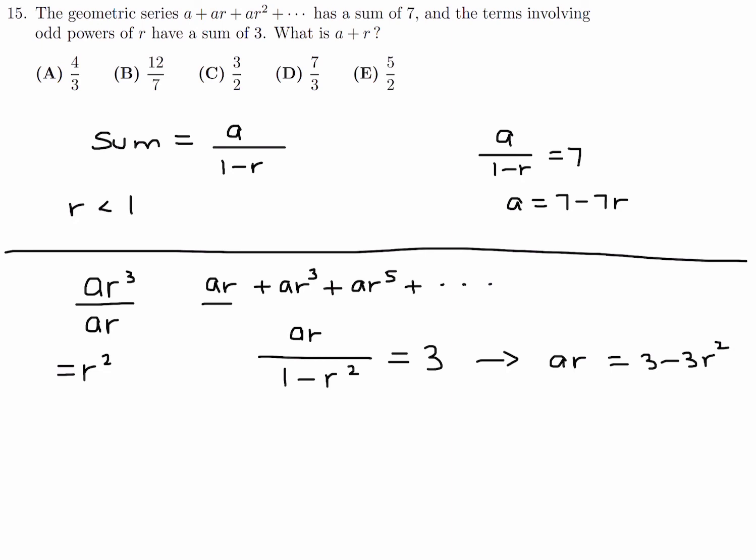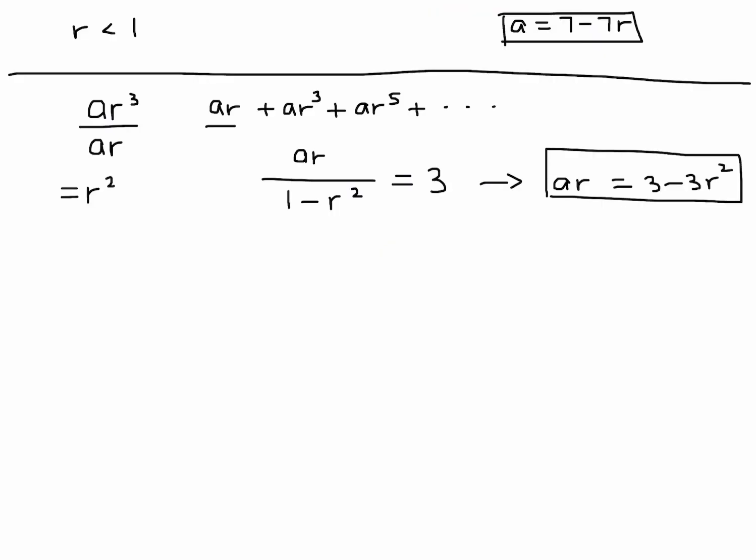Okay, so those are the two equations. This one and this one. And we will use these two equations to solve for r, solve for a, and then we can add up a plus r. So let's substitute a is equal to 7 minus 7r into here.